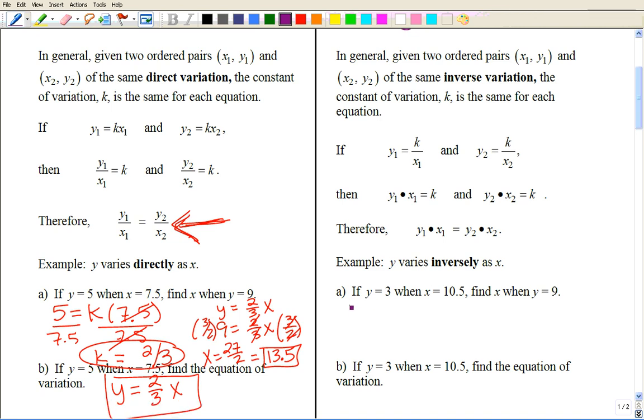So I know that if y equals 3, and then the k always goes right after the equal sign, and then this time the x is the inverse, so we've got over 10.5, or it varies inversely. So if I want to solve for k, I'd multiply each side by 10.5. So now we know that k equals 31.5.